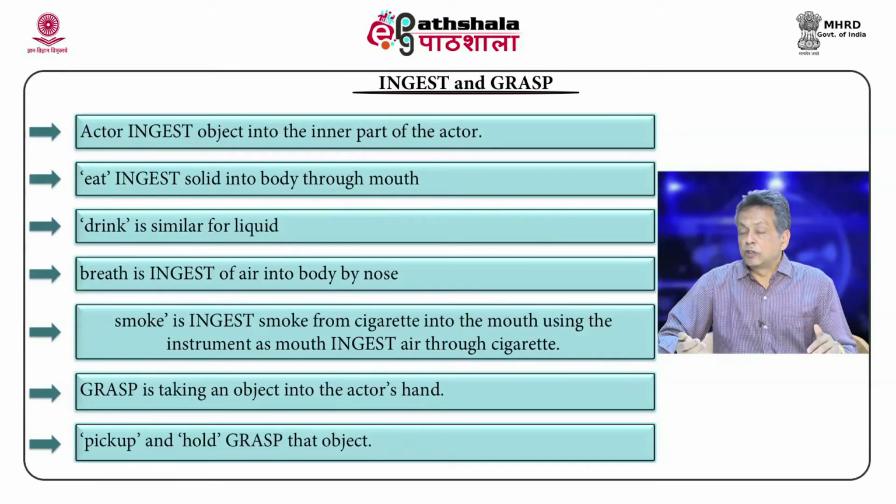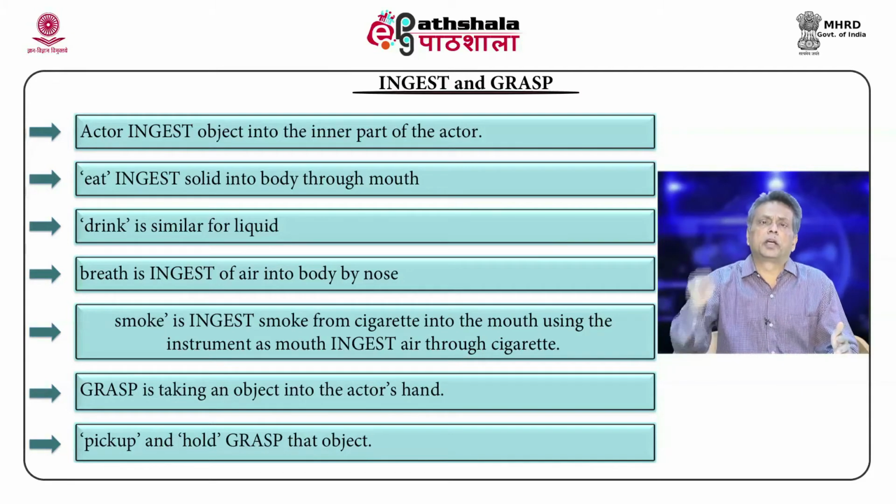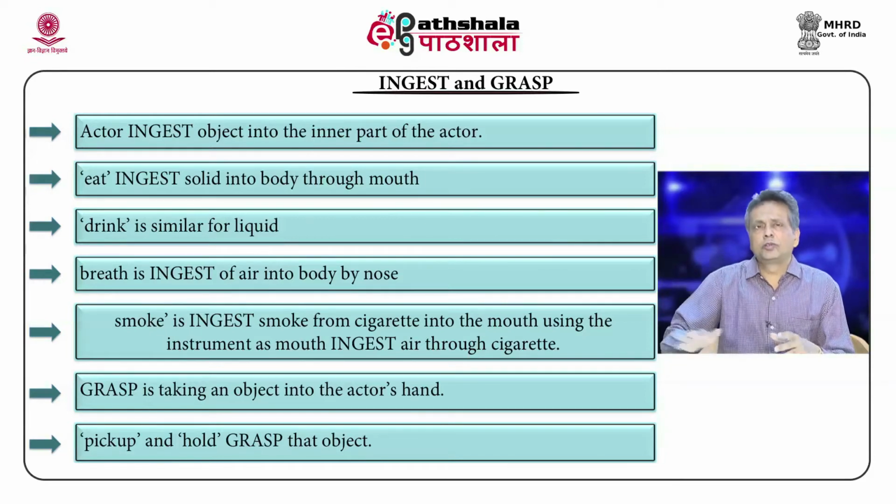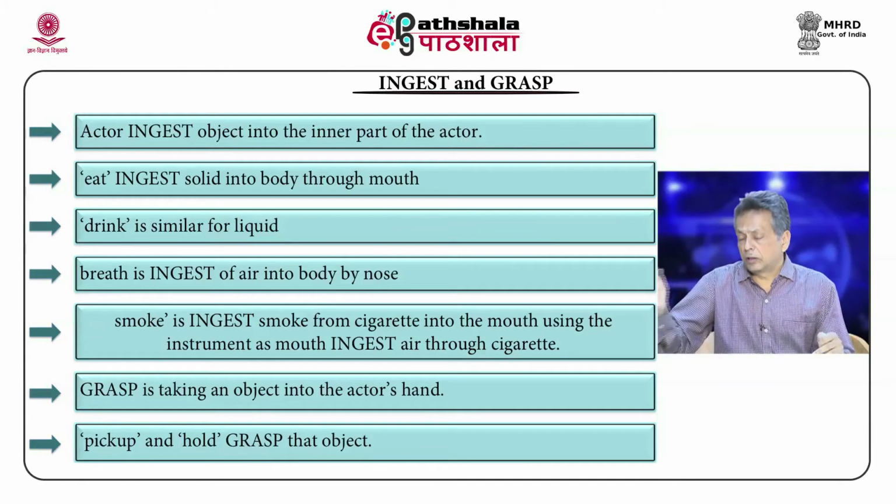Smoke is ingesting the smoke inside the lungs. The next one is called grasp, which has a very clear meaning. So, you do not need to worry more about grasp. Grasp is picking up something, holding it. So, if you use verbs like pick up, hold, and all that, and you want to represent them using CD, you will use grasp as the primitive.